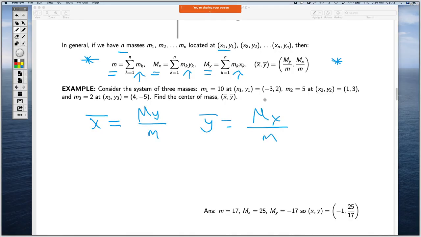And a lot of students think that the notation kind of has it reversed, right? Well, why is that? If you look at the moment about the y-axis, you're literally looking at how far left and right you are. So when you take the moment about the y-axis divided by the mass, m, that gives you the x-coordinate so that it'll balance left and right.